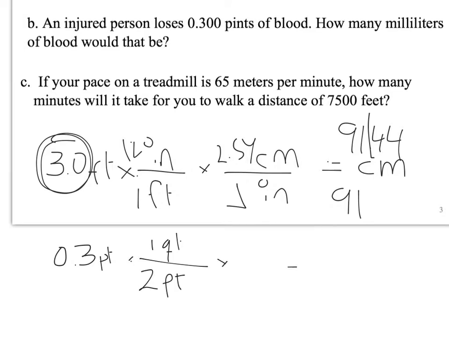And then from quarts to milliliters. 1 quart is 946 milliliters. Now again, all these conversions will be given, all these quantities will be given. You just have to learn how to set up the problem.